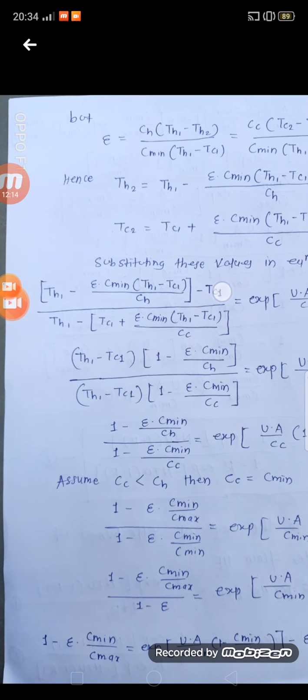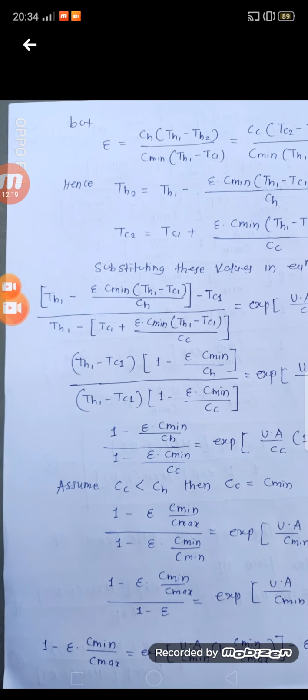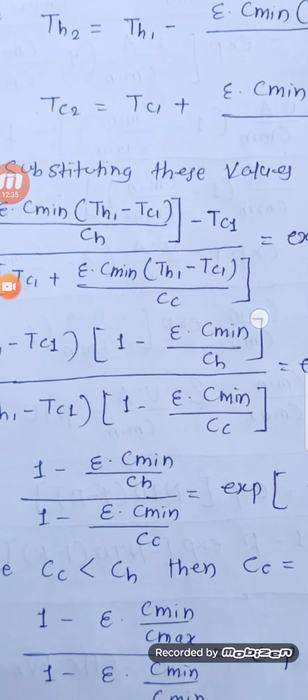So TH1 minus TC1. We have to take TH1 minus TC1 common from this term and this term. So what is remaining? 1 minus epsilon C minimum upon CH. And similarly for the bottom denominator, we take TH1 minus TC1 common from these two terms. What is remaining?